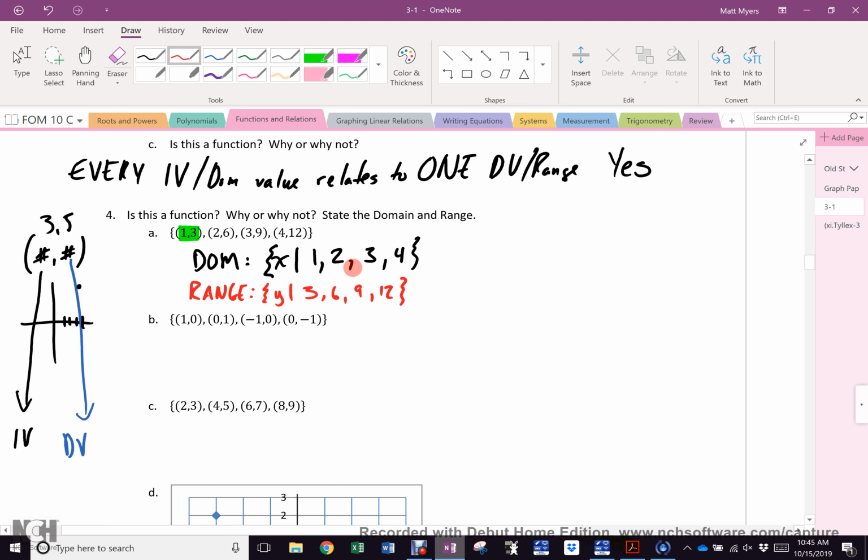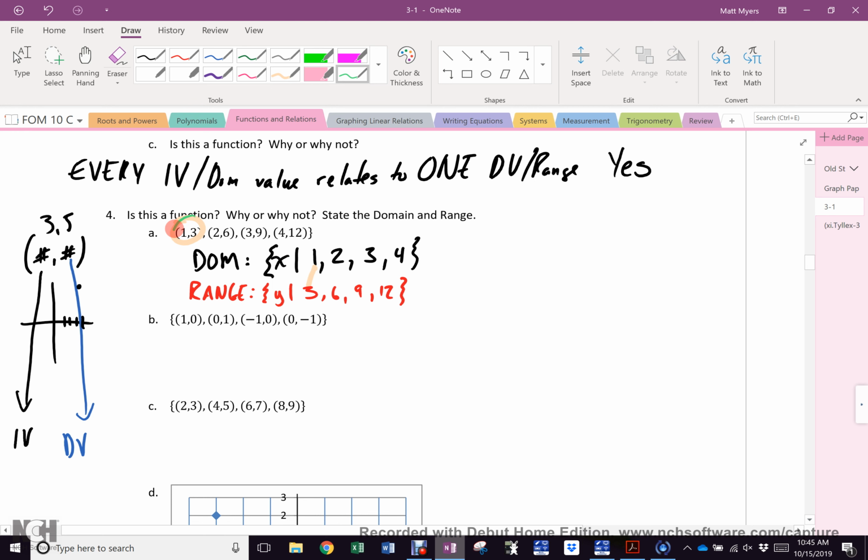Now, once we split them up, we no longer have this pair anymore. Everybody cool? Now we have range values and domain values. They're separate. But let's check. Does that domain value link up with only one range value? If I say 1, I can only mean 3, yes?